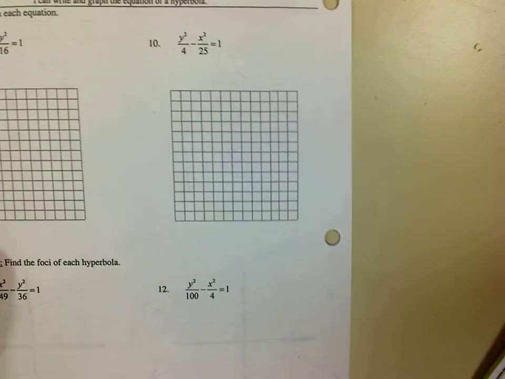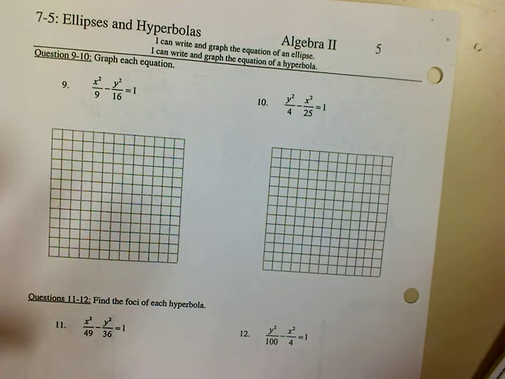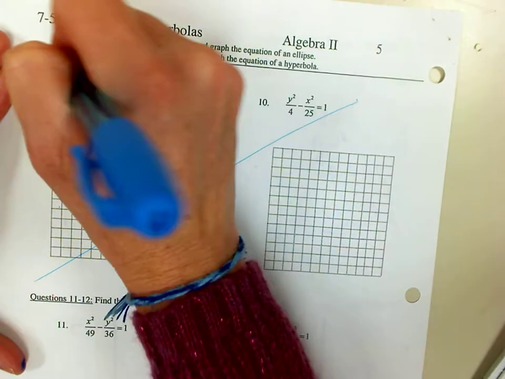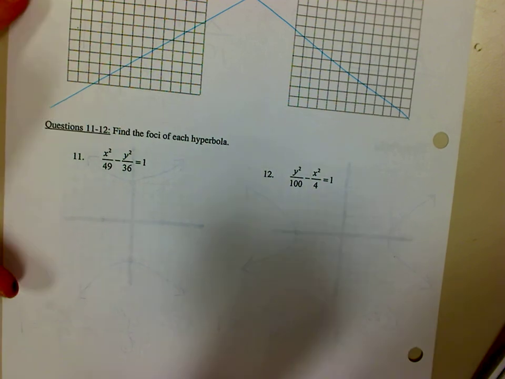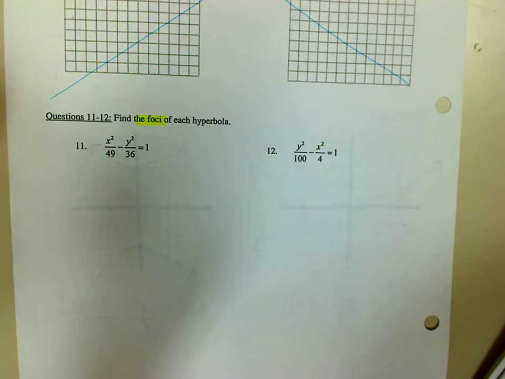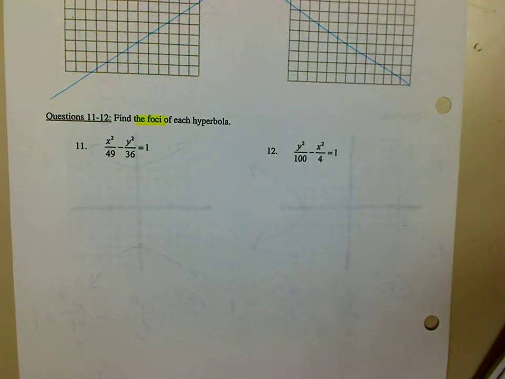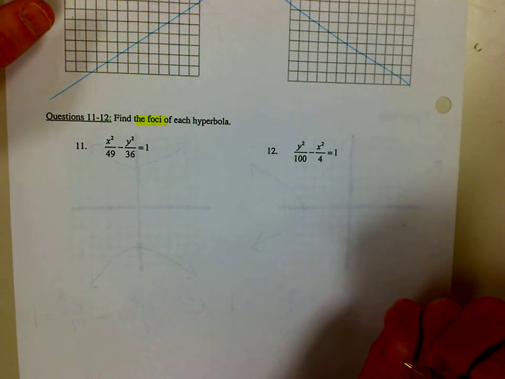Okay, now these two questions are just like what we just did, so I'm just going to cross those off. Now down here, I want to find the foci of the hyperbola. It is an equation, but it's different from what I gave you for the ellipse.